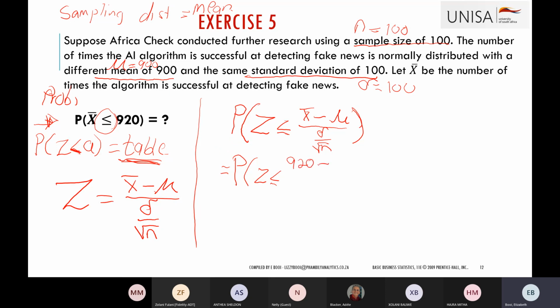Oh, sorry, I don't want to take over. You can continue. Let's substitute the mean. You're going to say 920 minus 900, then over 100, over the square root of 100.